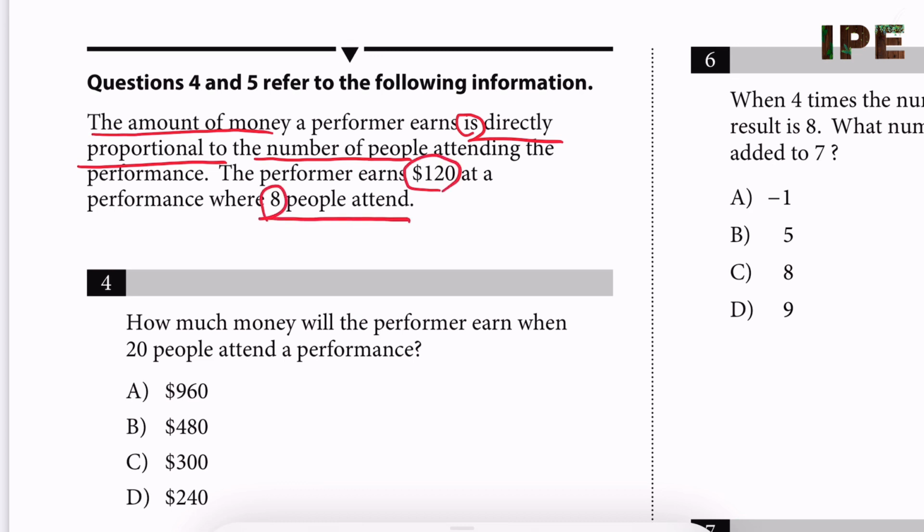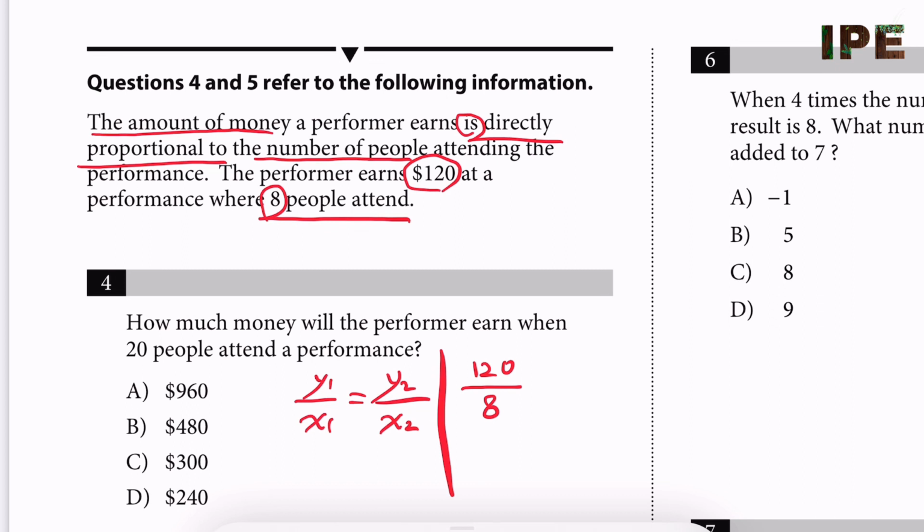There are 2 ways, but I want to use the ratio y1 over x1 equals y2 over x2, because x and y have a direct proportion relation. So I can make an equation. What is y1? What is x1? 120 is y1, and 8 is x1. I let the amount of money the performer earns be the y value, and the number of people attending the x value.